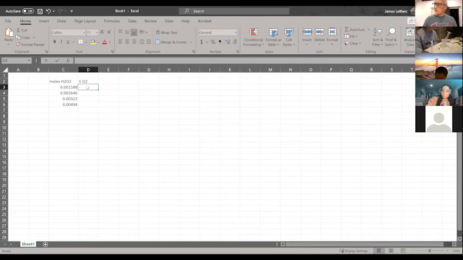And then my volumes. And so are we going to be using milliliters? What units are we going to be using for volume? Liters, right.